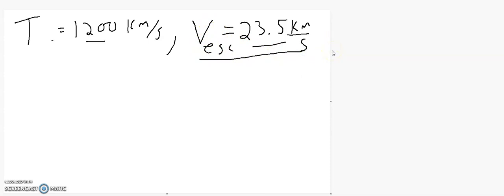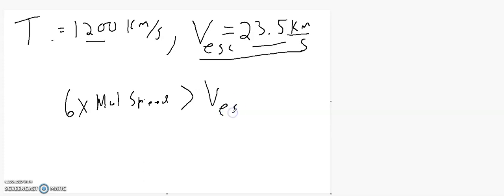So for hydrogen, 6 times the molecular speed, the fastest one, is greater than our escape velocity, right? It's greater than the escape velocity.